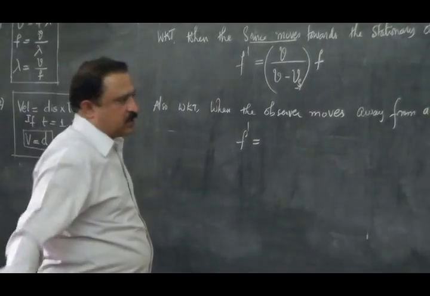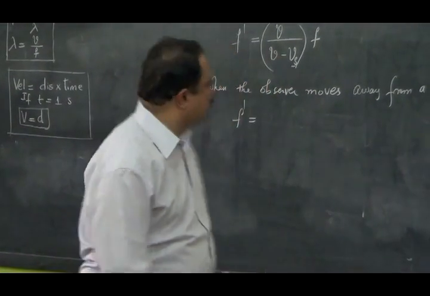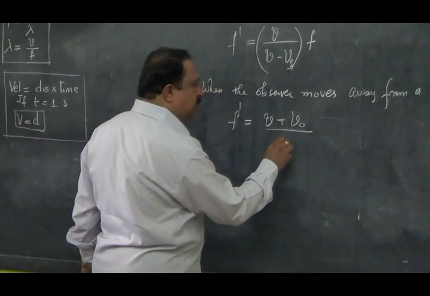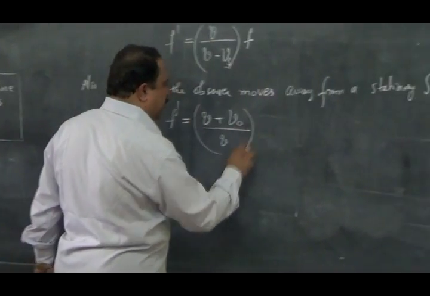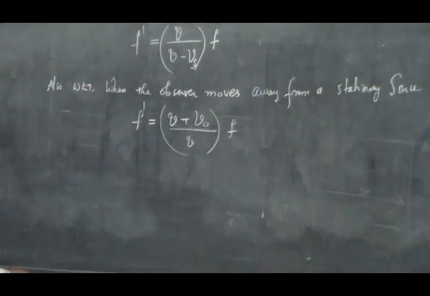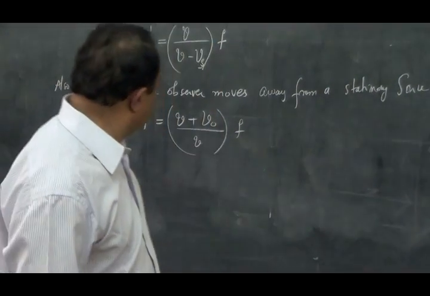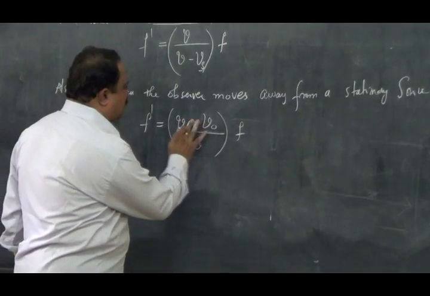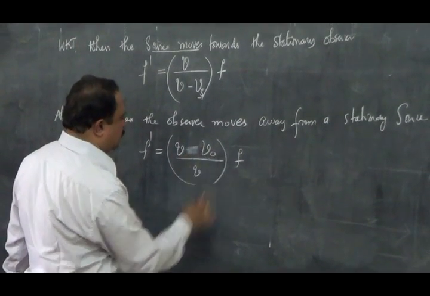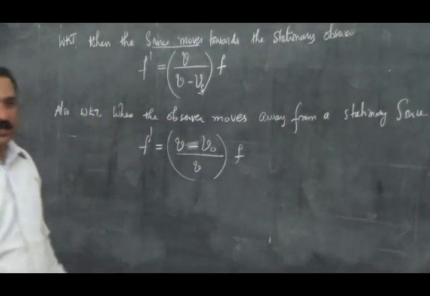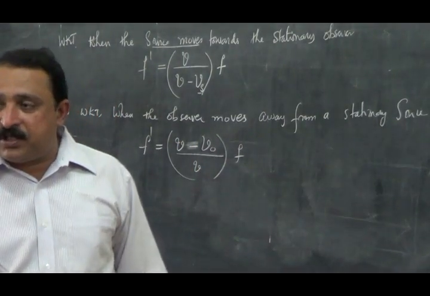F dash equals (V minus V naught) divided by V. If you write plus, what happens?